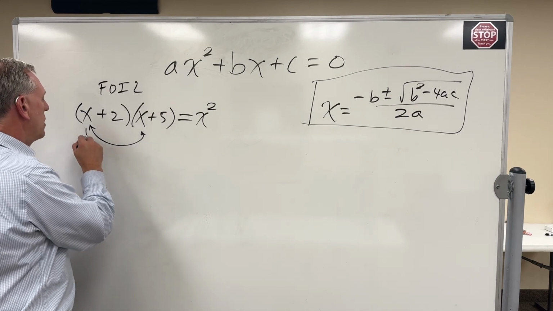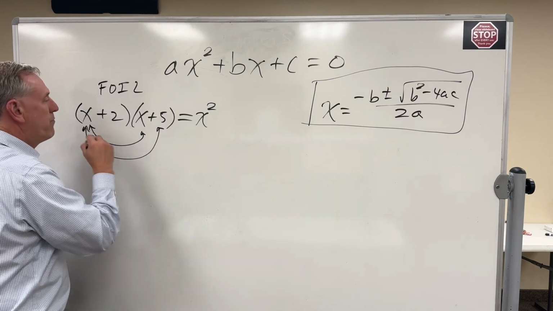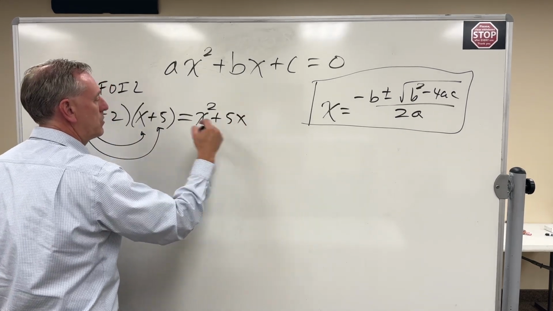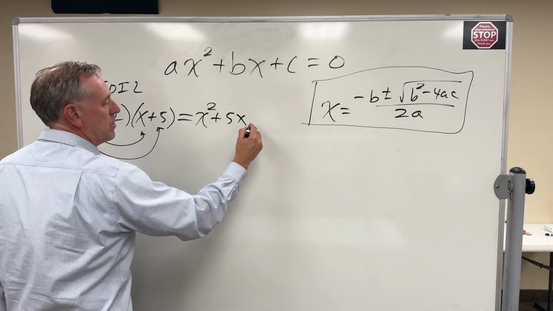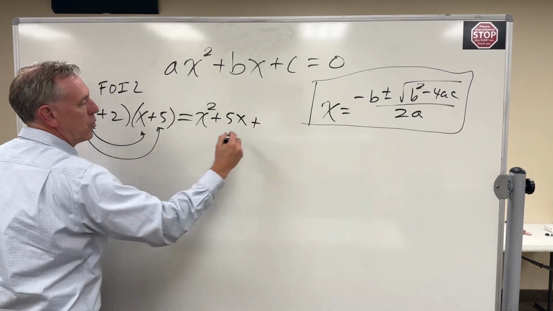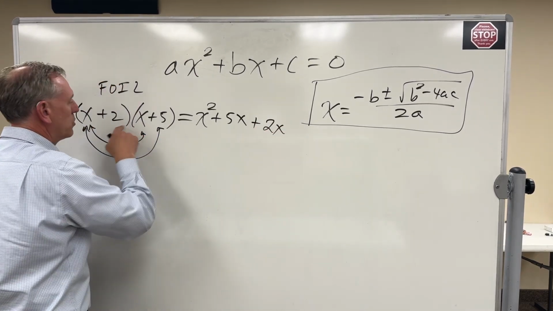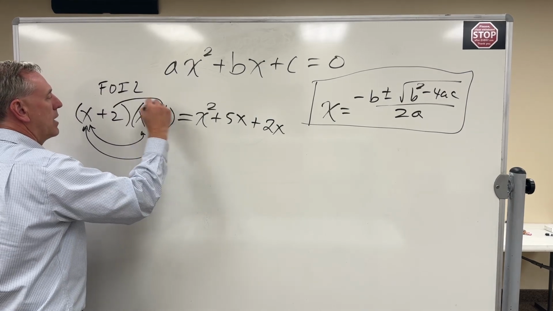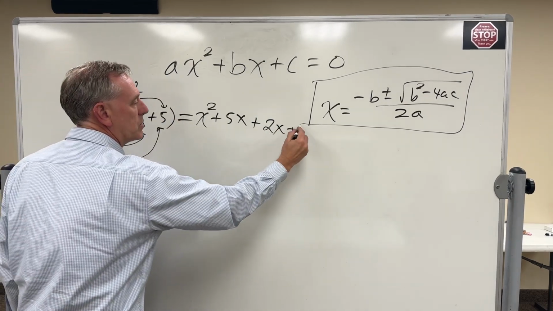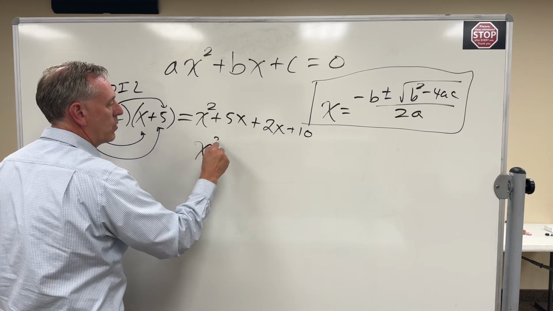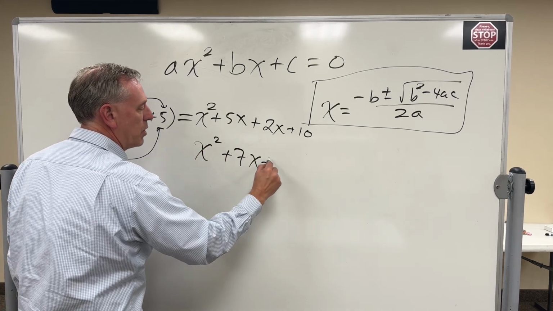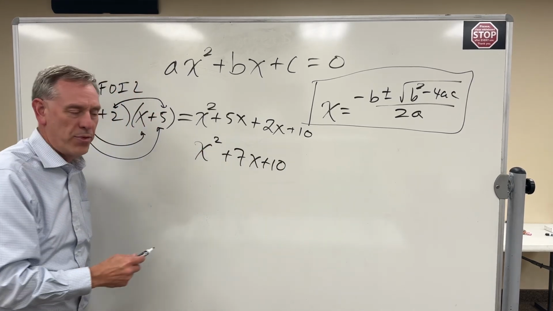Then outside, which is plus 5x, plus inside, which is 2x, plus the last, which is 5 times 2, plus 10. And that gives us x squared plus 7x plus 10. So that's the FOIL method.